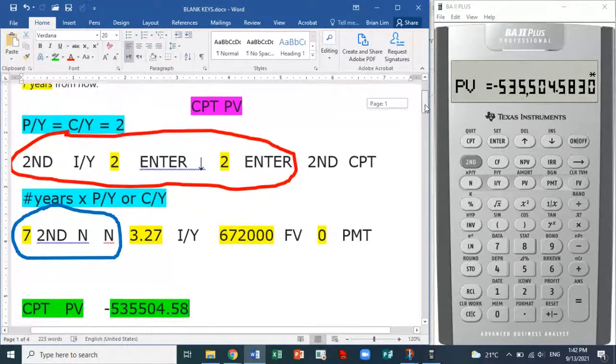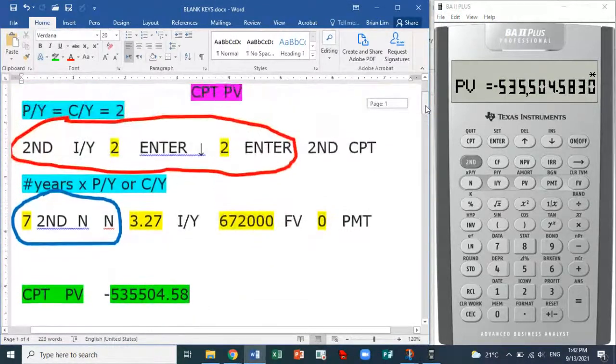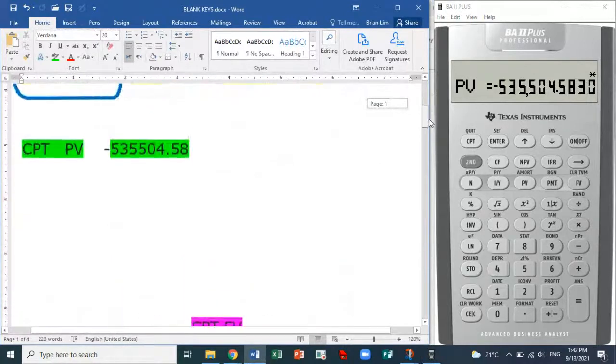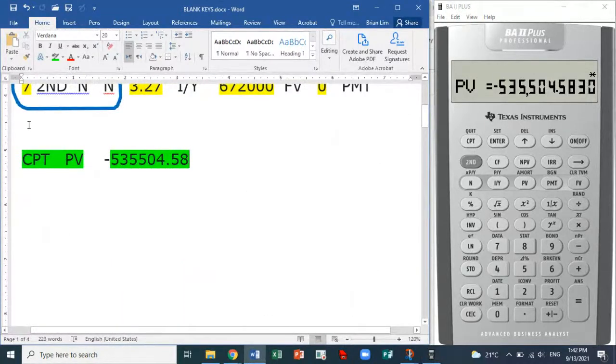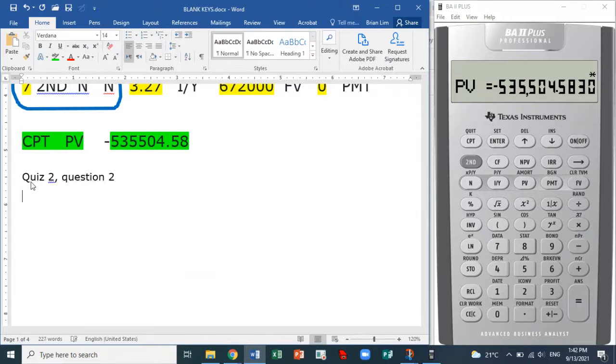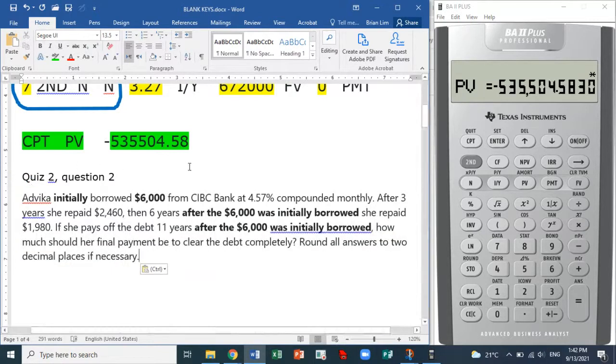We go down. So that was quiz 2, question 1. Now we go to quiz 2, question 2. So let's delete that, and we can come in here. So it's quiz 2, question 2. Let's paste, and there we are.